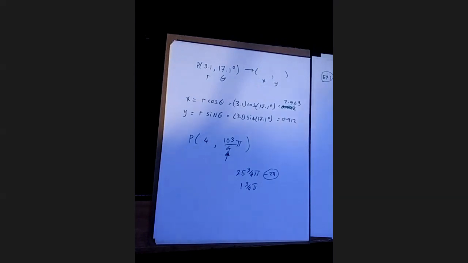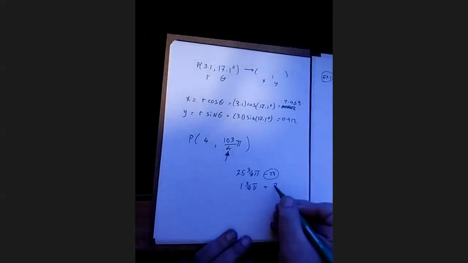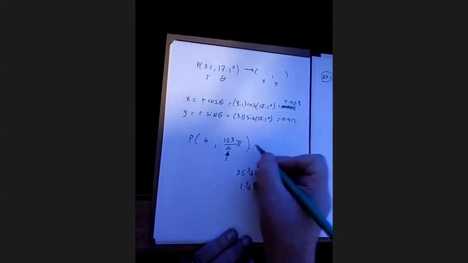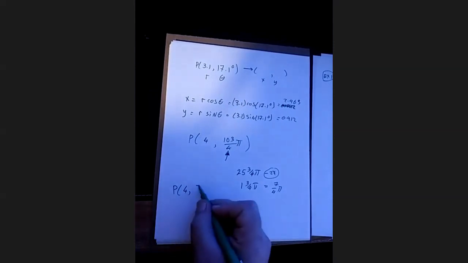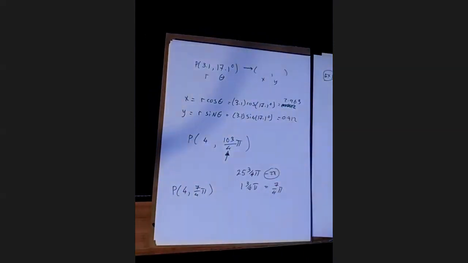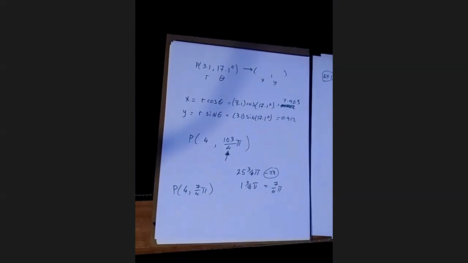Take away 2, 4, 6, 8, 10, 24. And isn't that 7/4 pi? So what I'm really going to do is I'm going to make this question 4 comma 7 pi over 4. Now that guy you can use because he's in the unit circle, isn't he? He's in the 4th quadrant.